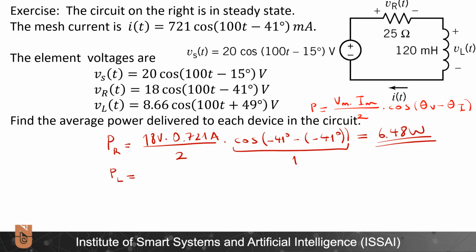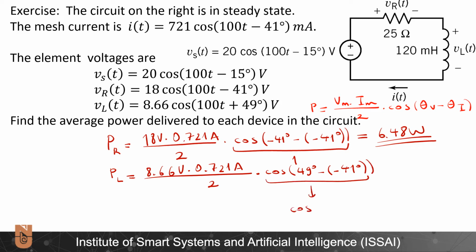PL will be equal to 8.66 volts times 0.721 amperes divided by 2 times cosine, again theta V is 49 degrees minus 41 degrees, and we will have here cosine 90 degrees, which is equal to 0, and therefore this whole expression becomes 0 watts. So basically the average power delivered to the inductor over one period is equal to 0 watts.